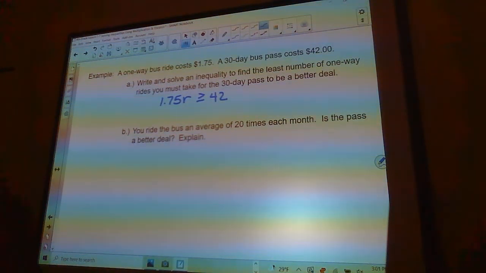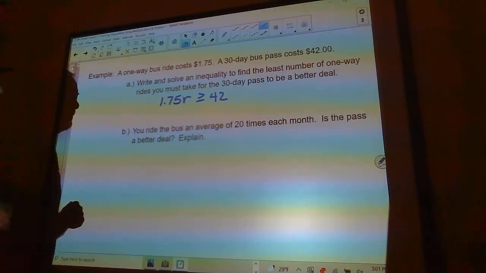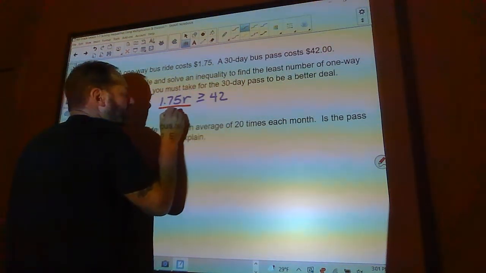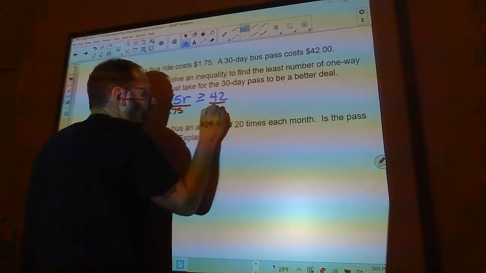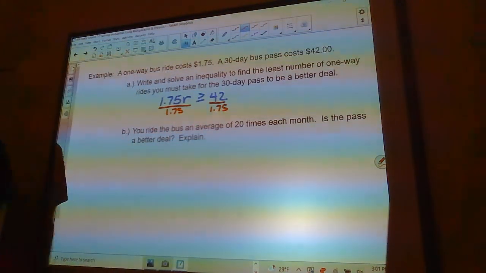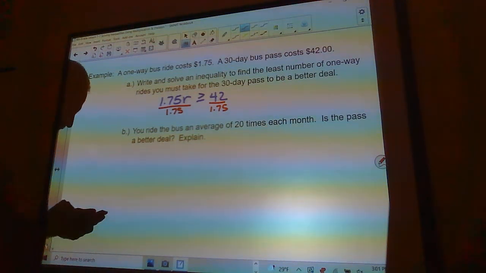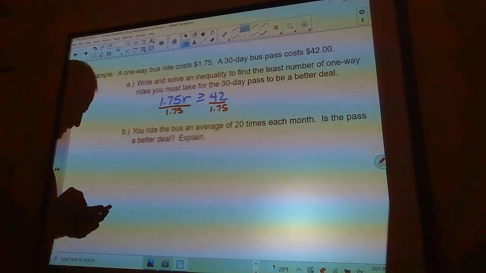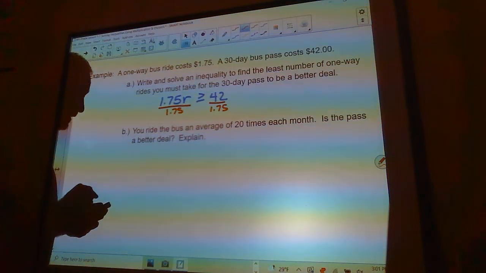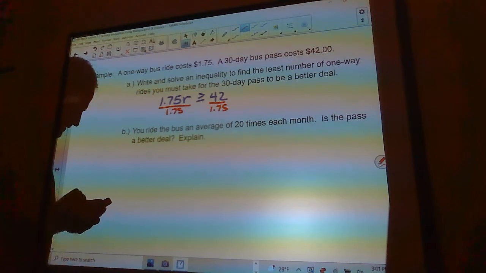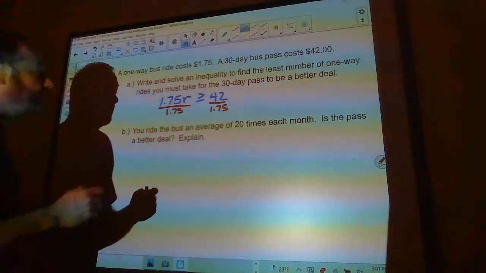Now what we're going to do is take this and divide both sides by 1.75. Let's get out our calculator for that. 42 divided by $1.75 is 24.